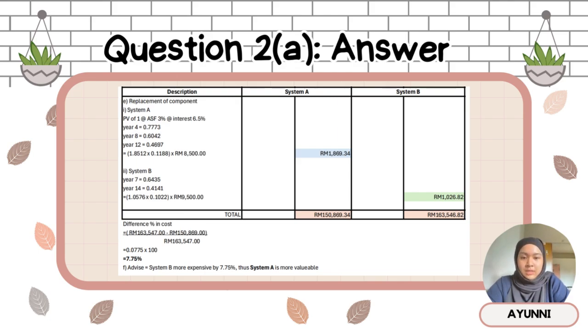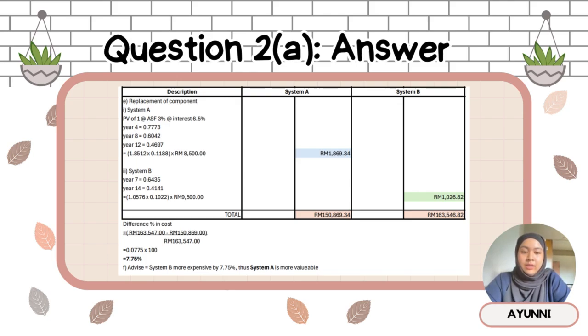So as you can see here, the replacement for system A is on year 4, year 8, and year 12. Meanwhile, system B is on year 7 and year 14 only. This is based on the economic life of the building.